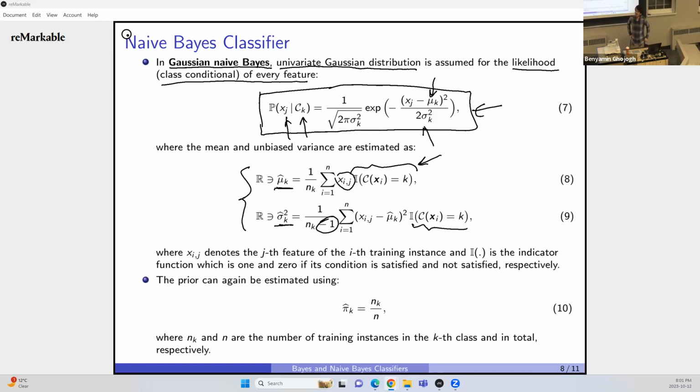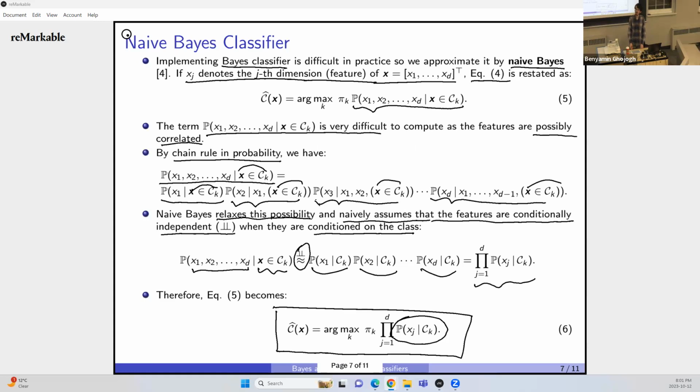Now, how do I estimate the prior of the class? Nk over n, right? Exactly. So it's the cardinality of the class over the whole cardinality of data. So I know mu, I know sigma squared, I know equation 7, the class conditional likelihood, and also I know equation 10, the prior, so I can use them in equation 6.